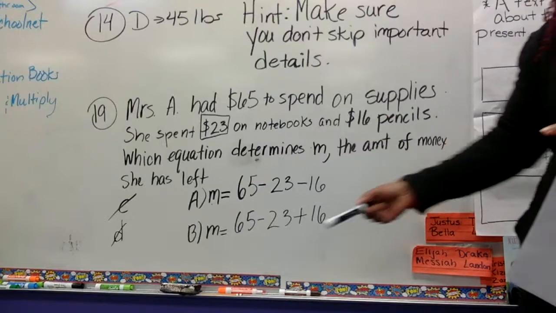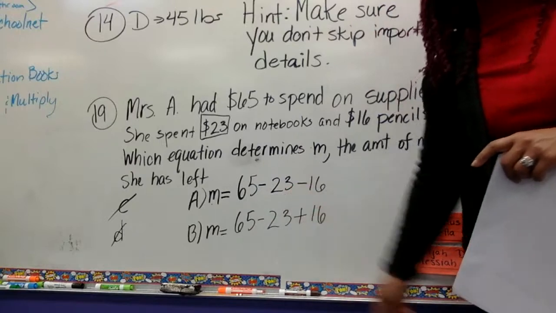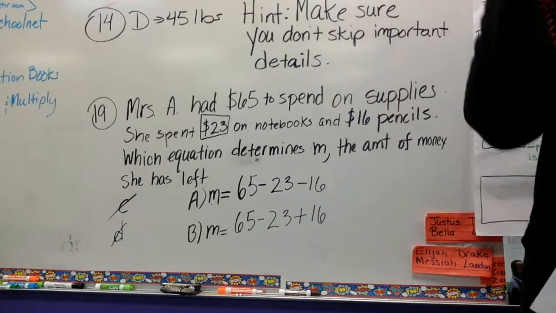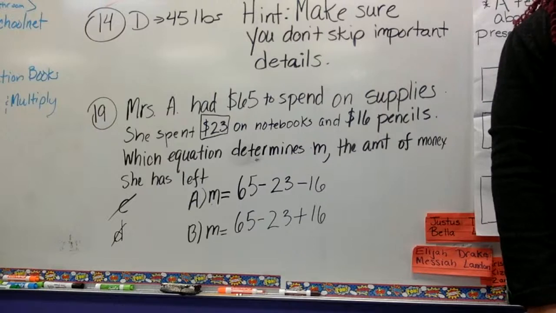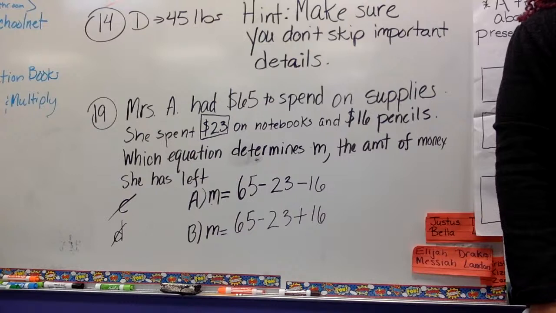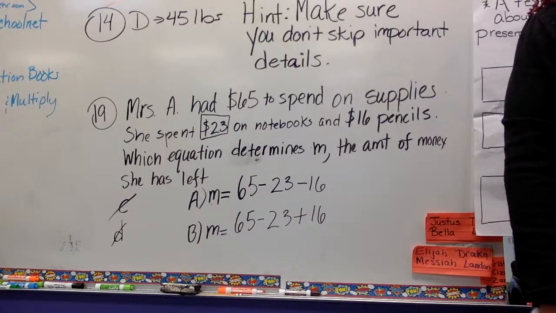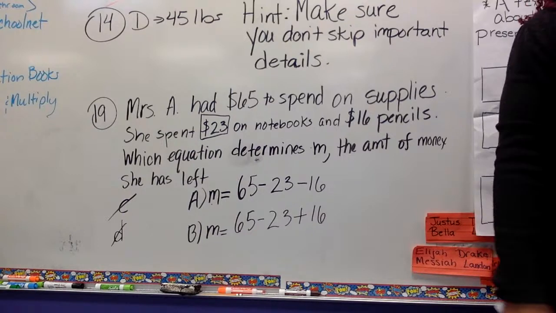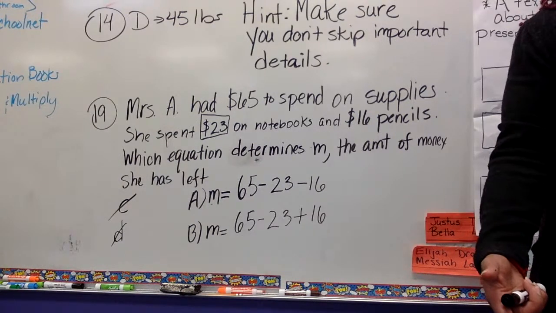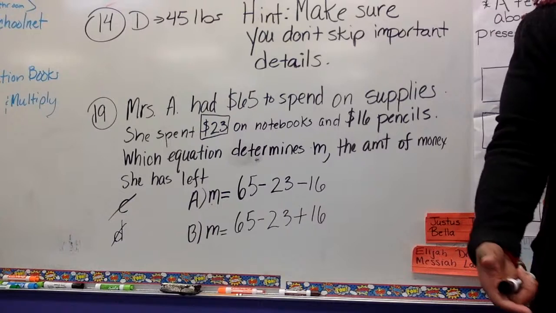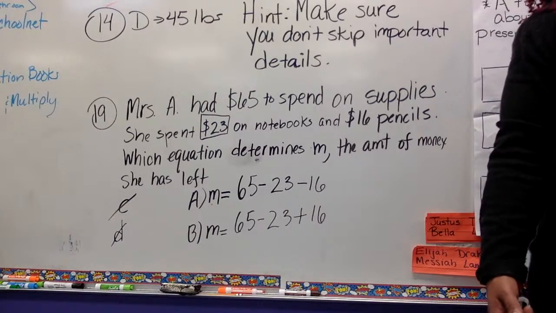Look at your answer choices and tell me what symbol you see. Minus is a symbol, but what operation is that? I want you to use the correct vocabulary. Minus means that you have to do what, Landon? Subtract the number from 65.